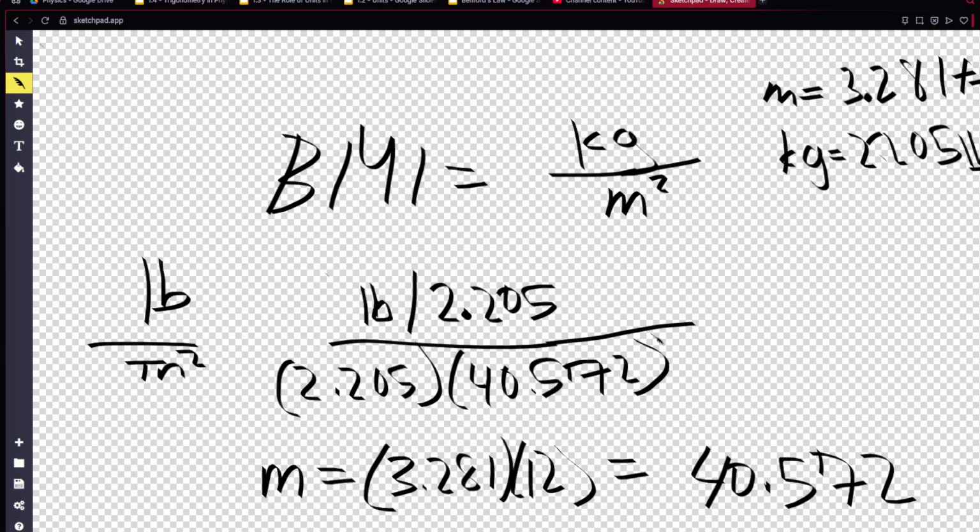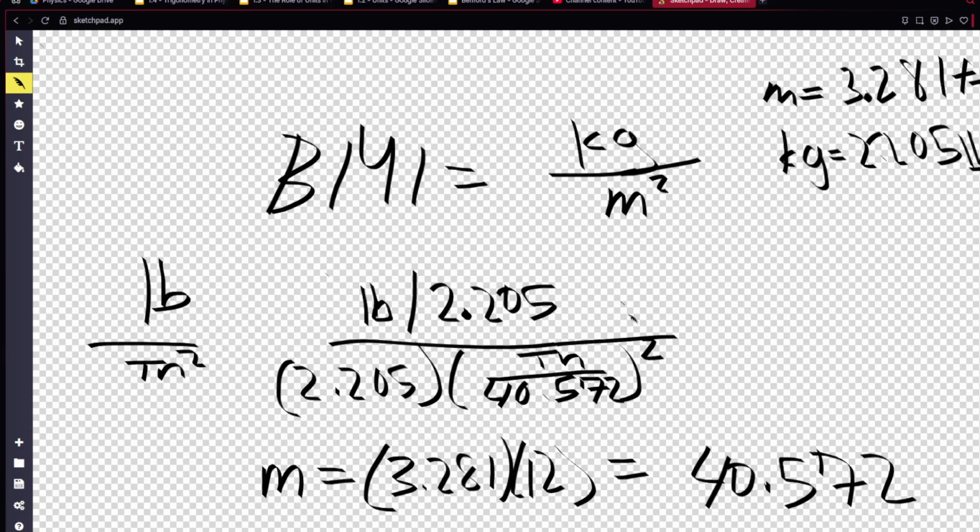So this would be 40.572 inches. So then we would do the same thing as before. Sorry, I think I wrote this wrong actually. Let me just erase this. Right, we would do inches divided by 40.572 to get it into meters.